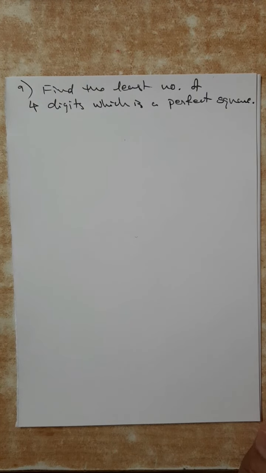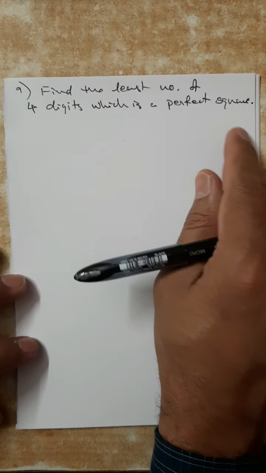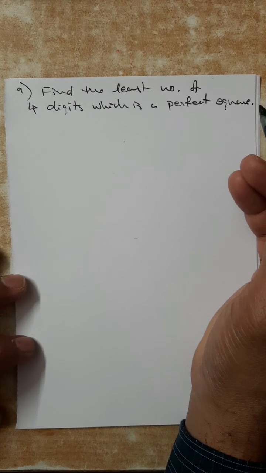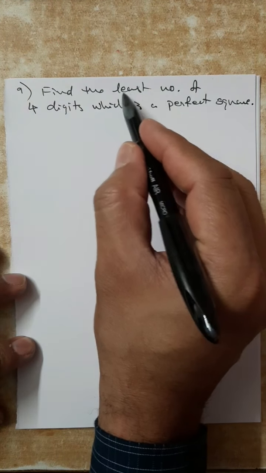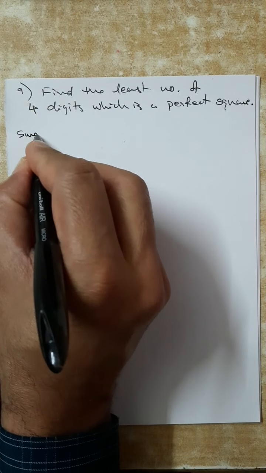Another question for you. Find the least number of 4 digits which is a perfect square. In class 1 itself we studied the smallest 4 digit number. Least, smallest number of 4 digits. So we will do the same thing.